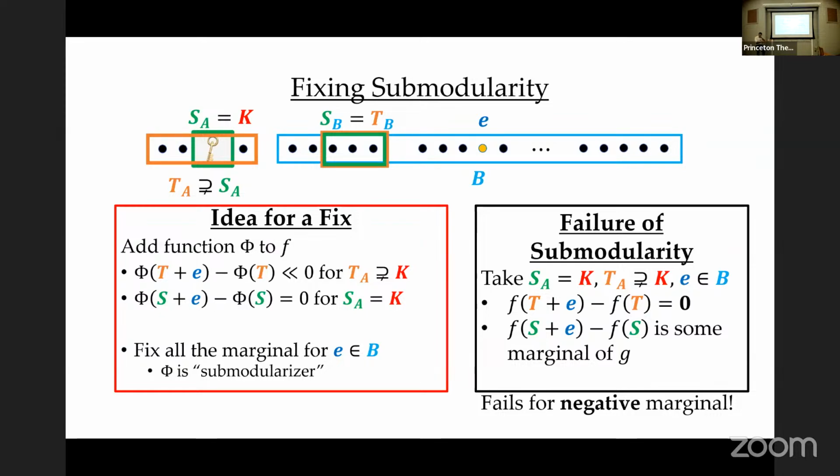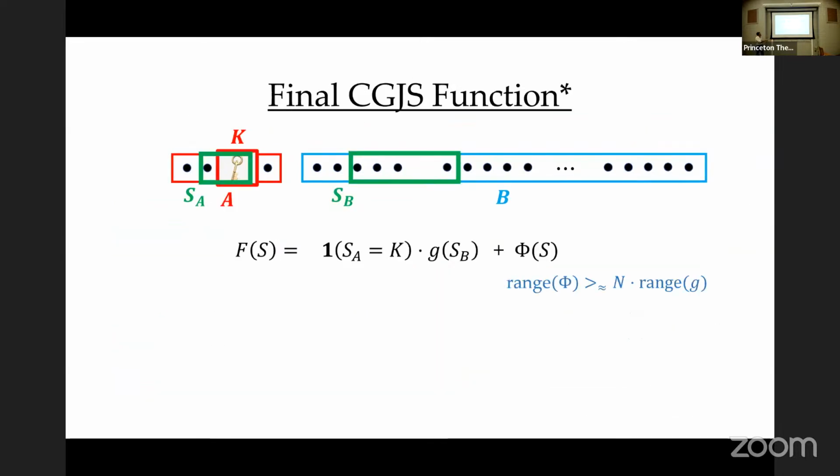And this ratio, this gap, is what basically leads to the range of phi needing to be much larger, roughly n times larger than the range of G. And so when I recursively do it, the range becomes n raised to r. And if r is n by log n, which I'm shooting for, the range becomes exponential. For an r round lower bound, I get an n to the r. So this leads to a range blow up, this very nice, simple idea. But if you want to fix it this way, it leads to a range blow up.